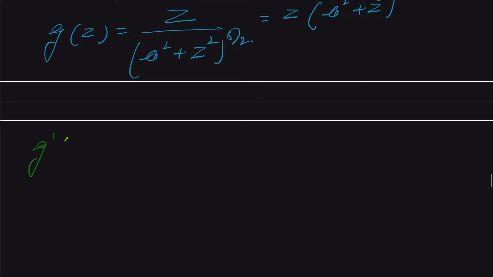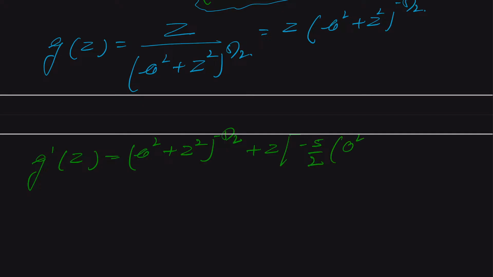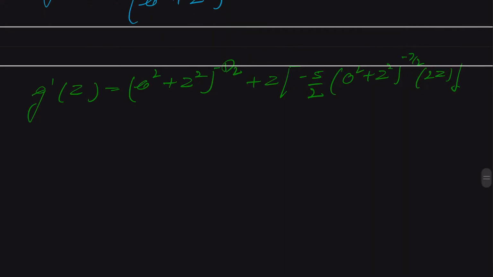So g prime z will be equal to (a² + z²)^(−5/2) plus z times minus 5 by 2 (a² + z²)^(−7/2) times twice z.